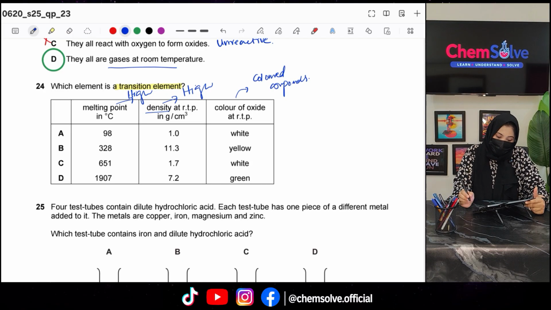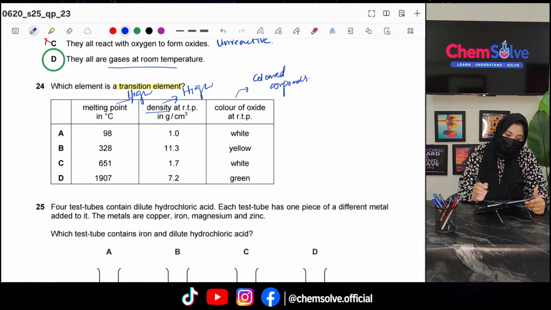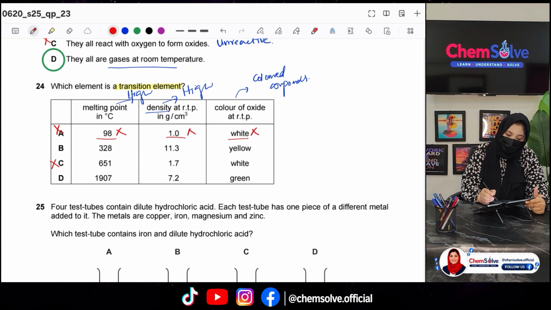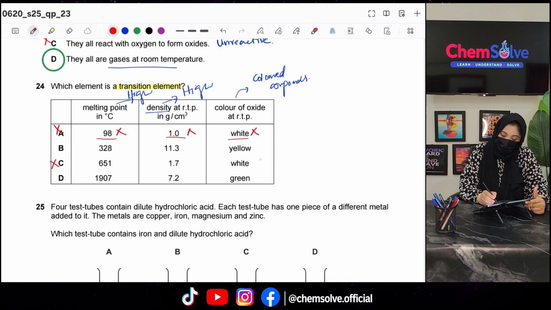So if they form colored compounds and have high melting and boiling points, then we will reject option A and C because they have lower melting point, lower density, and are white. While option C, it is again white, density is low, melting point is high, but of course, the other two options are not correct.